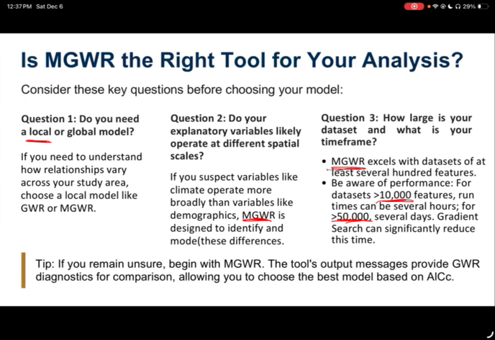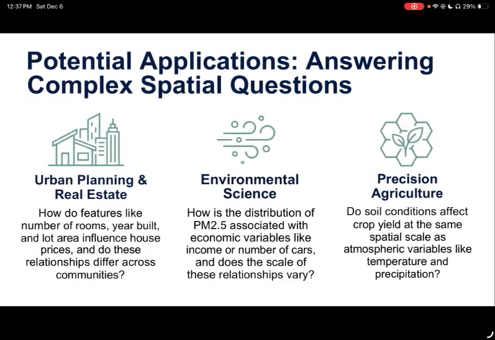So you just need to make sure about this. There are several applications for MGWR, like urban planning and real estate, such as predicting house price; environmental science, like predicting PM 2.5 based on land use datasets; and in traffic safety, you can predict crash or crime based on population, income, and others.